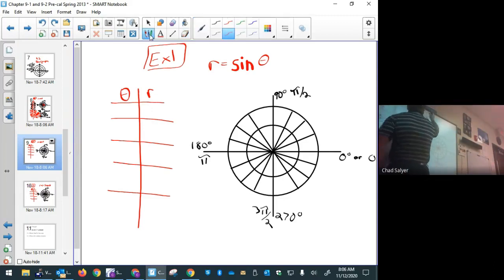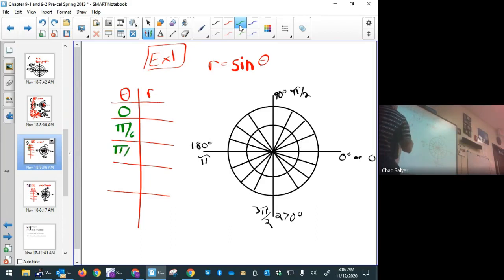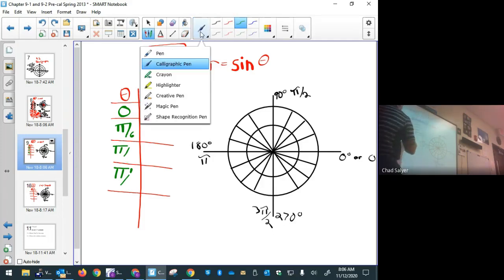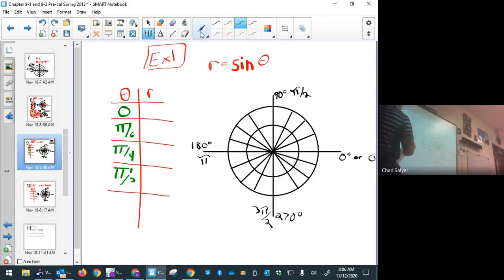I'll use the same points: 0 radians, pi over 6, pi over 4, pi over 3, pi over 2. Okay, so going along the unit circle, we're talking about y coordinates now. So this is not going to be the same as the previous answer.